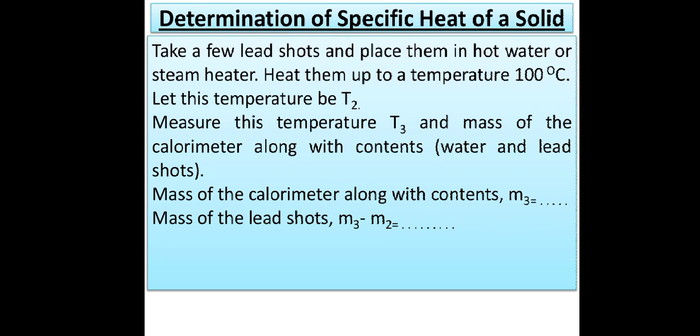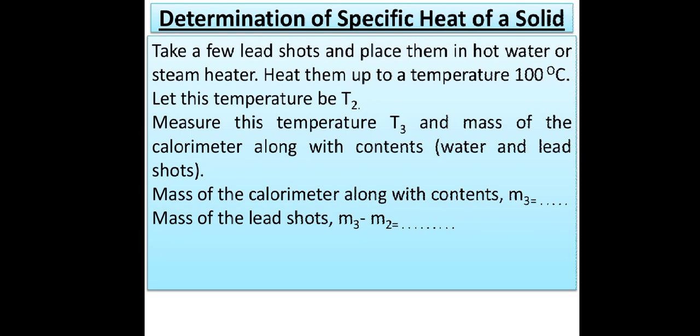Now you wait for a while until the temperature settles. Now measure the temperature of the contents. Let that be T3. Mass of the calorimeter along with the contents you have to measure. So measure M3. What is M3 here? Mass of the calorimeter along with the contents.